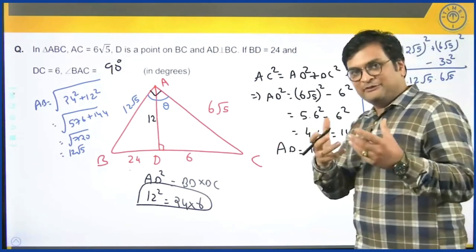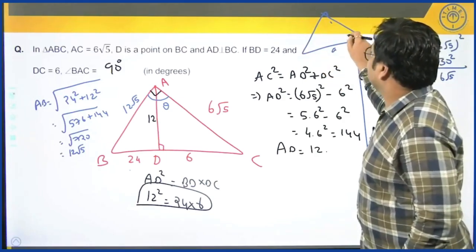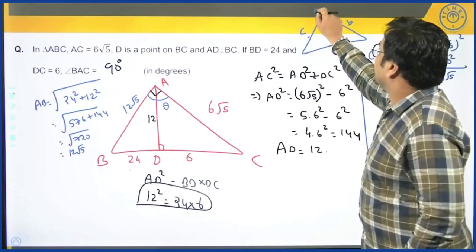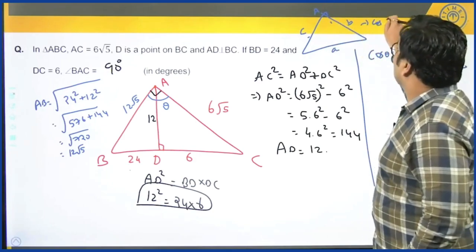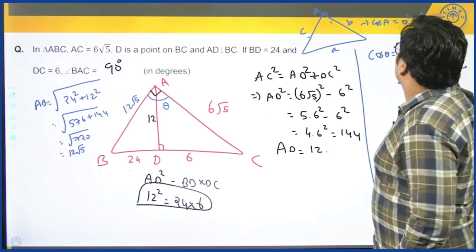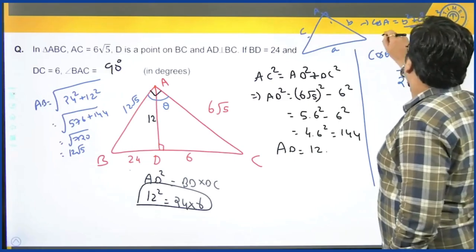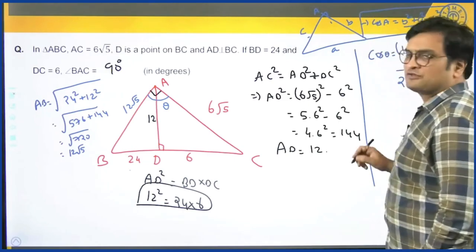Just to help you recall the cosine rule, if this is side A, this is B, this is C, this angle A, then cos A is going to be equal to sum of the squares of adjacent sides, B square plus C square, minus square of the opposite side, A square, by 2BC. This is how we apply the cosine rule.